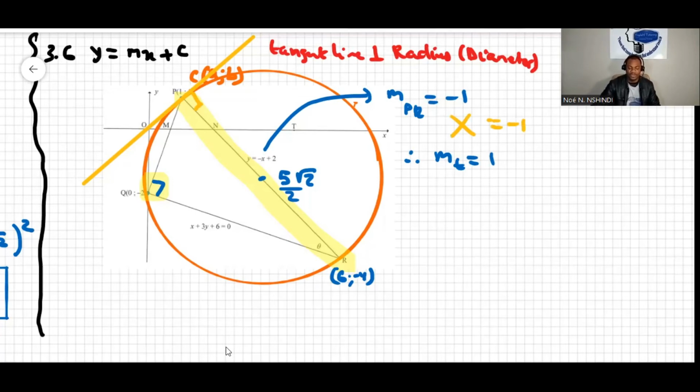Now we can write the equation y equal to mx plus c. If I substitute the point P, because this is the point that lies on the tangent line, the point (1, 1), I substitute 1 for x and 1 for y. This gives 1 equal to 1 times 1 plus c.